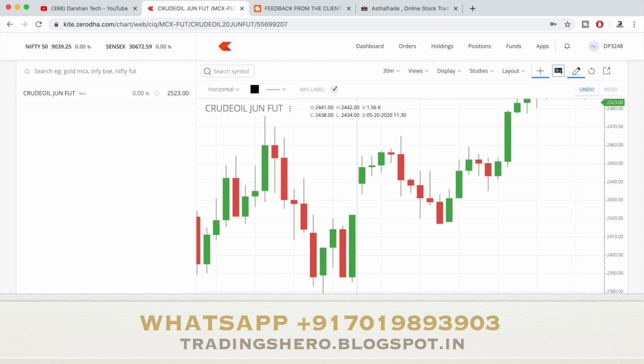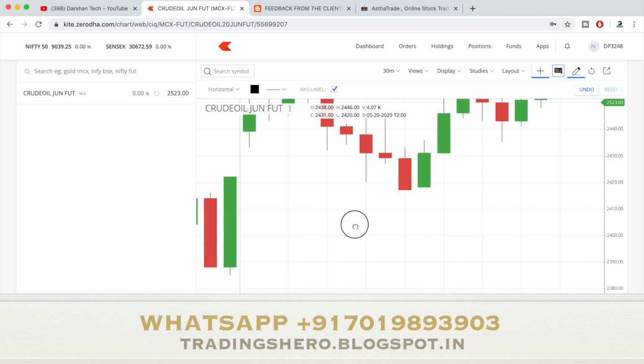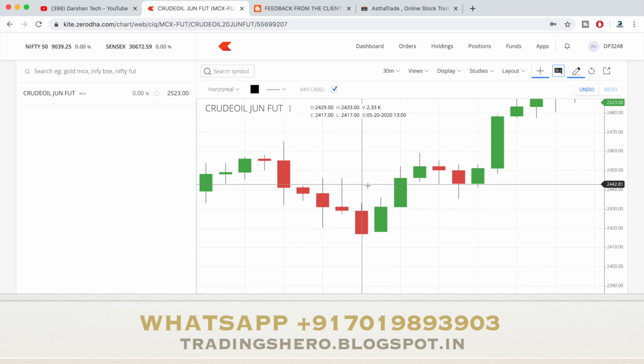So here again, at the start we didn't get any formation. The basic thing of the strategy is that you have to wait for the formation to come, and you should see it only on the 30 minutes candle chart. As you can see, at almost 1 o'clock, this formation has formed. There is a candle here with a one-sided wick or a one-sided shadow.